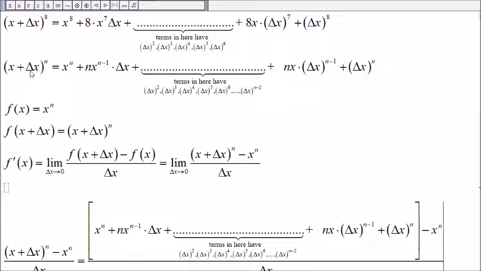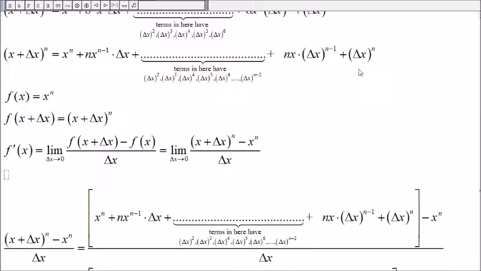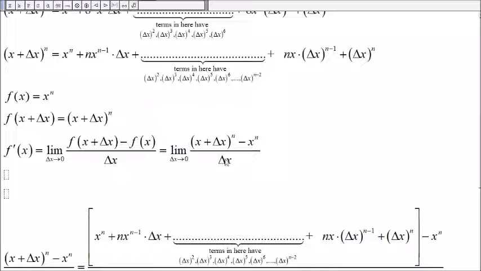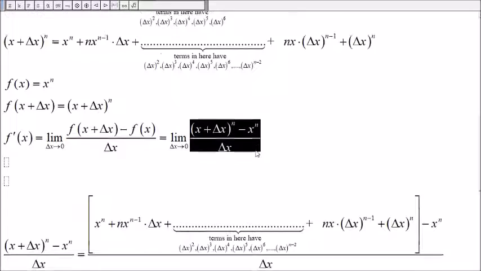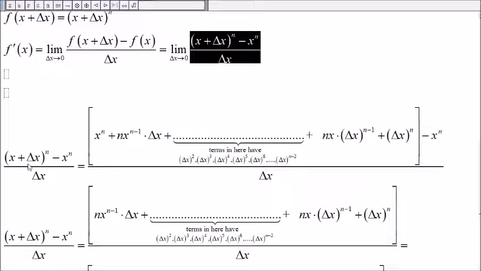And so in the place of x plus delta x to the n, we have this. So x plus delta x to the n minus x to the n is going to be all of this, minus x to the n. And so here we have x to the n minus x to the n, which is 0. And so we just have this part dividing by delta x.